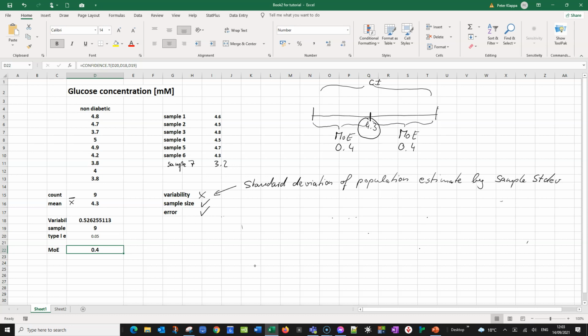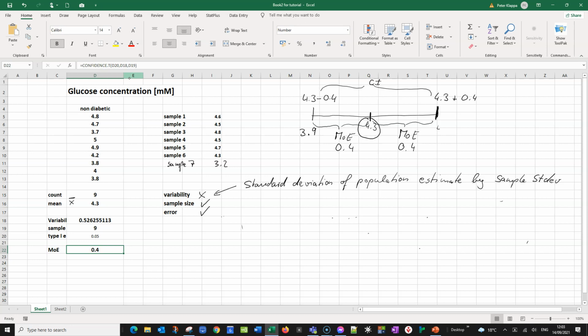So therefore, our confidence interval, as judged by this sample here, would go from, let's do the lower one first, 4.3, take away 0.4. So that would be 3.9. And here we have 4.3 plus 0.4.